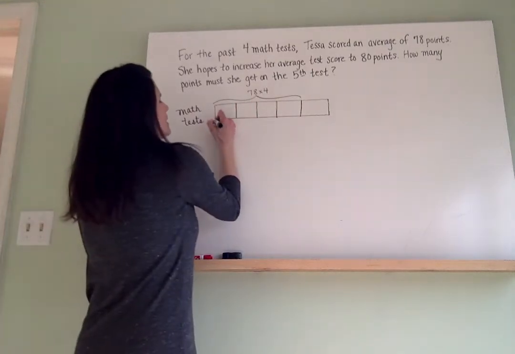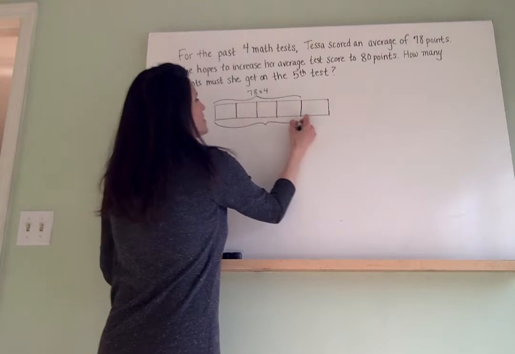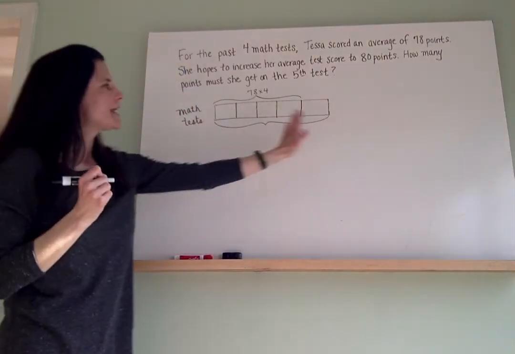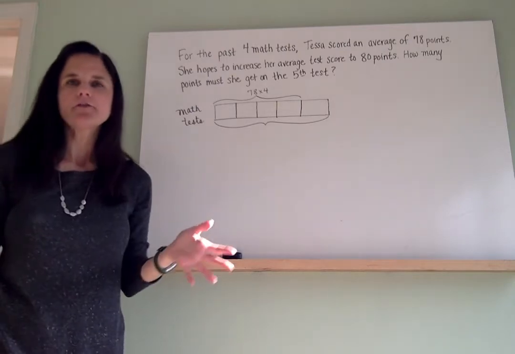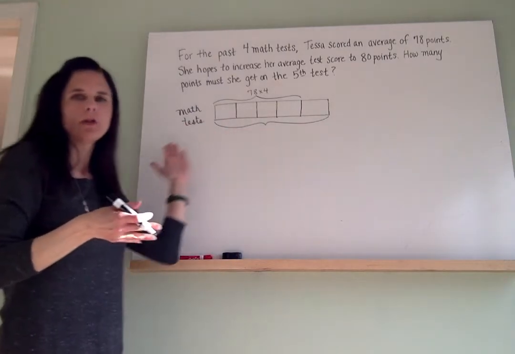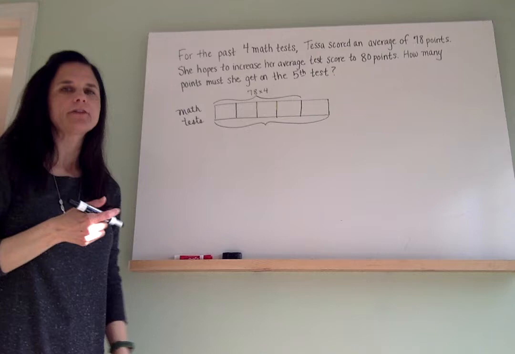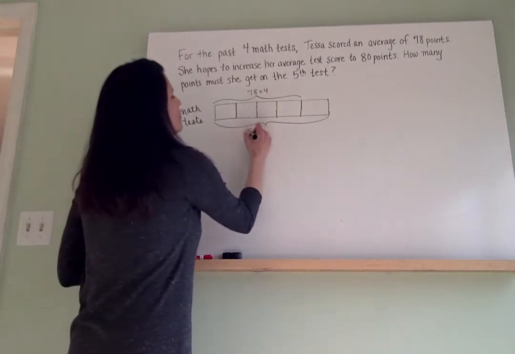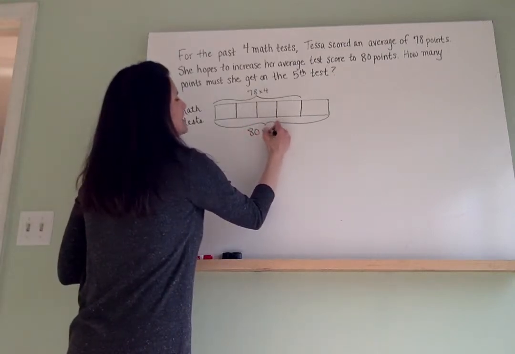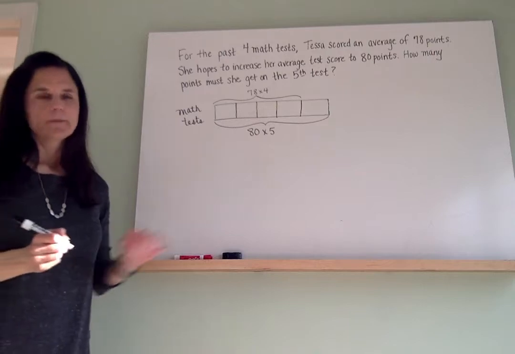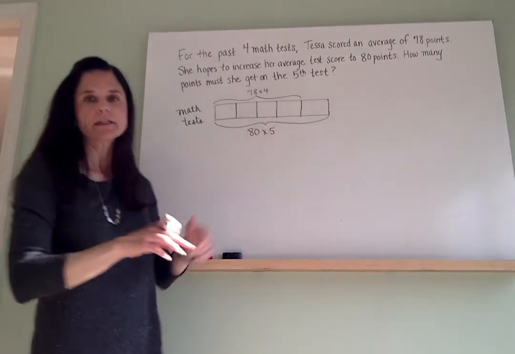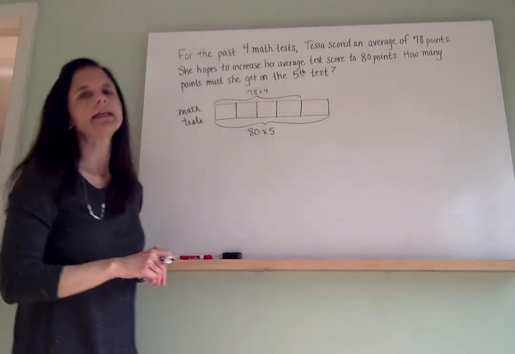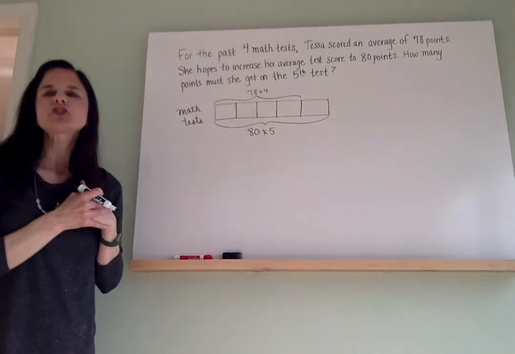So that would mean that with the 5th test, the average of all 5 of those would be 80, which again is giving us a clue as to the total point value for the 5 units. So the total point value would be 80 times 5 if she takes that 5th test.